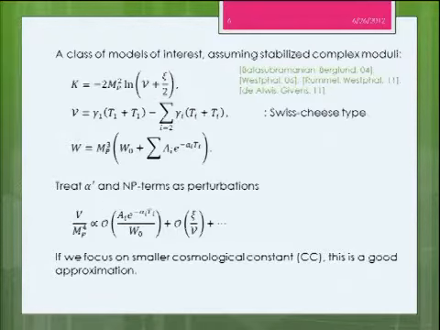So this is our model, and we further simplify it by expanding perturbatively in terms of this non-perturbative effect and the large volume suppression, so that we keep the next leading order up to these terms.